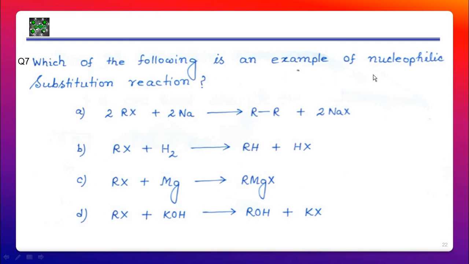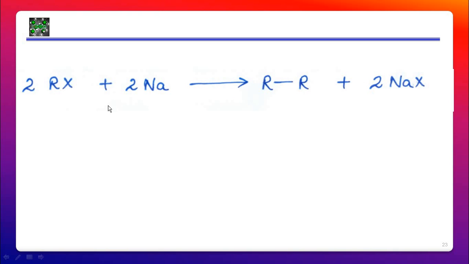Which of the following is an example of a nucleophilic substitution reaction? 4 options are given. The first option is the Wurtz reaction. Here an alkane is formed with double the number of carbon atoms present in the alkyl halide, and this reaction proceeds via a single electron transfer mechanism.